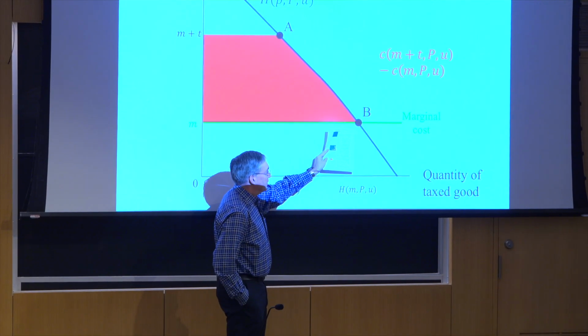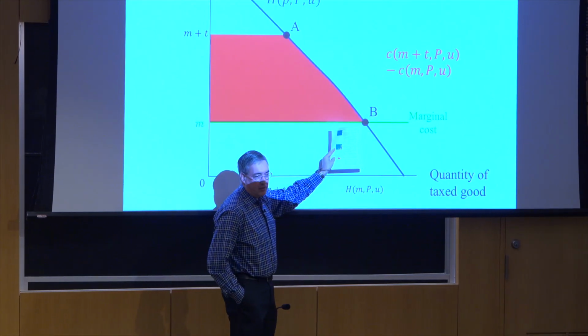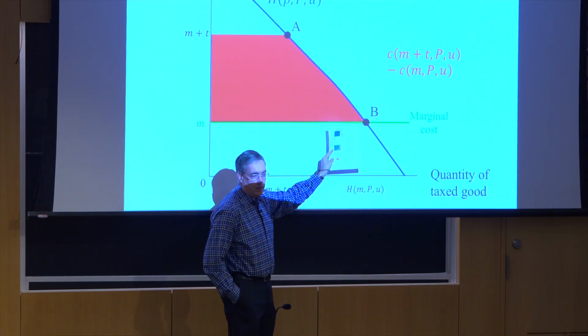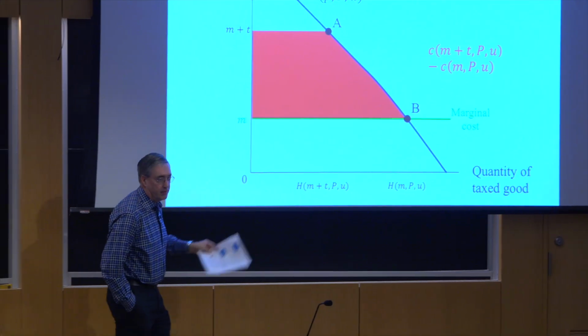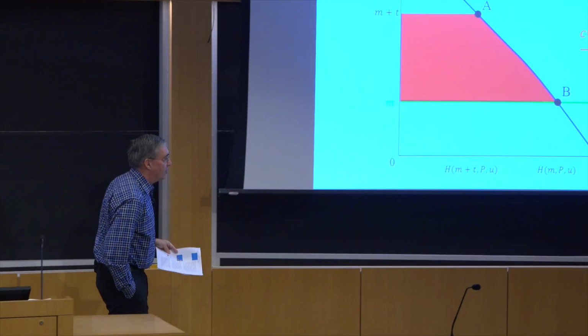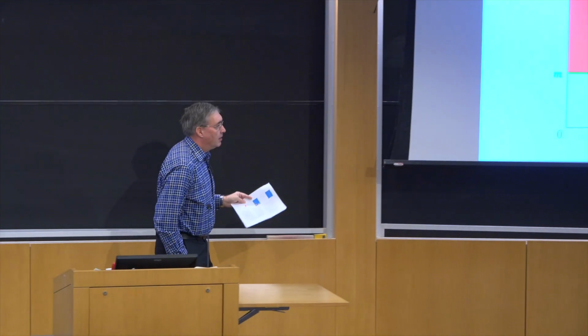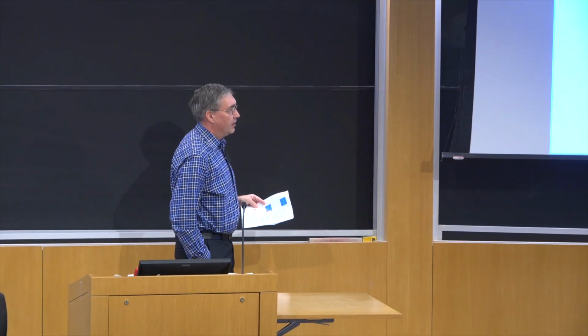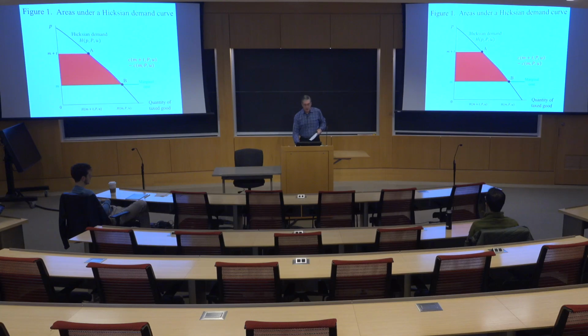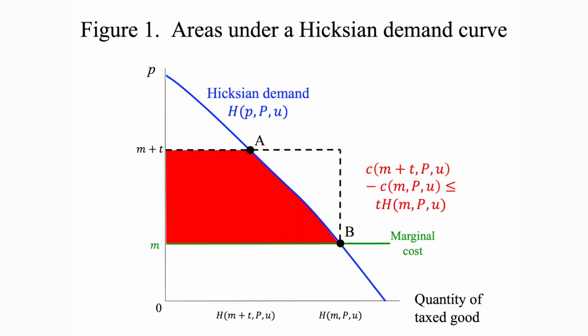when the higher price comes in, I'm allowed to continue consuming at B. And if I did that, I know what it would cost me. This is the type of derivation Murphy did, looking more at the cost function itself rather than its derivative. So there's a rectangular area here that I know has to be bigger than or at best equal to that change in cost.